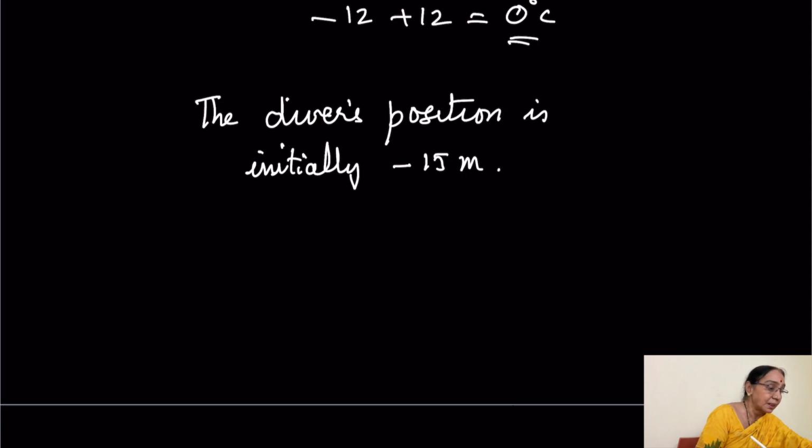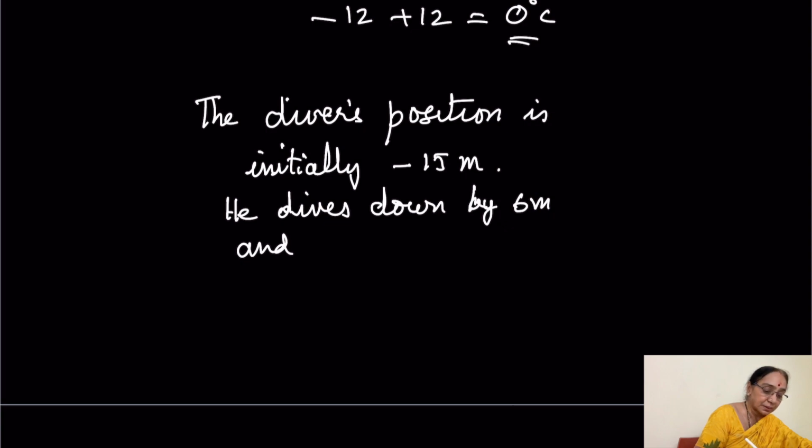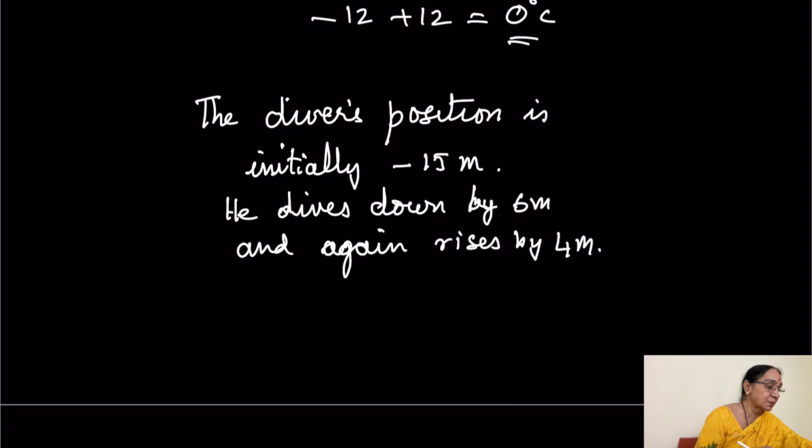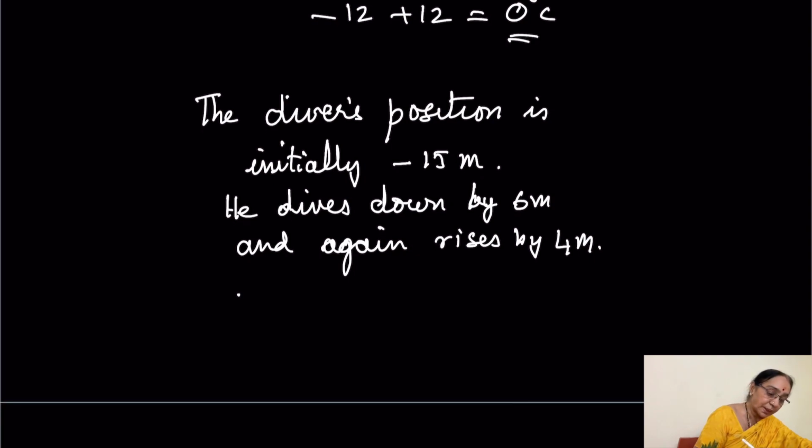You will notice that he dives down by 6 meters and then he rises by 4 meters. What is his position now, with reference to the surface of water? So how do you calculate that?